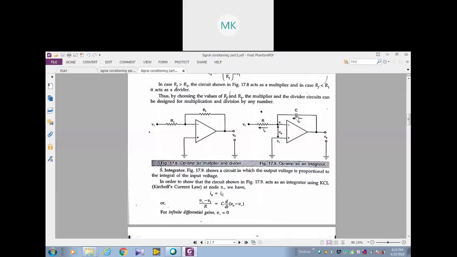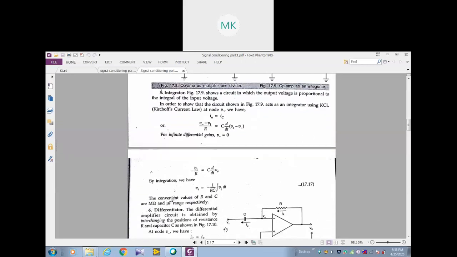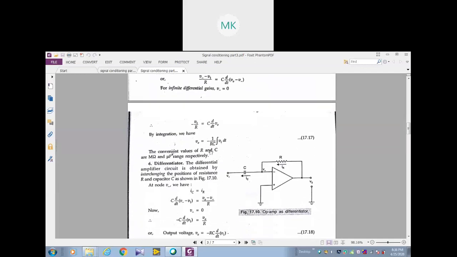The change in voltage, that is the differentiation of VO minus V dash or V minus, into C. According to the virtual ground concept, this terminal is at ground, so V dash or V minus equals 0. When we apply this in the equation, we get this term. By integration, VO equals minus 1 by RC integration of V1 dt. That is the integrator. The output voltage is the integration of the input voltage.